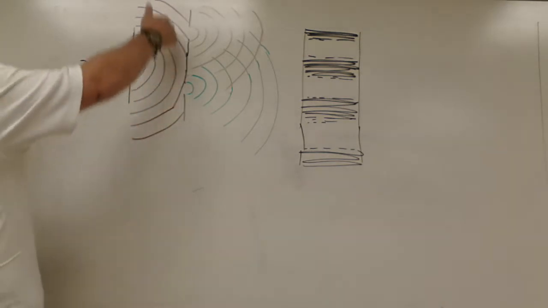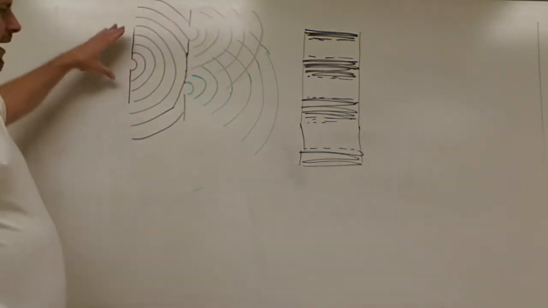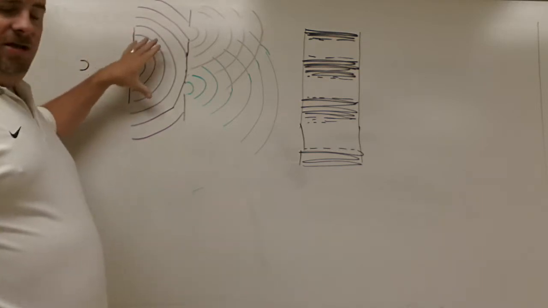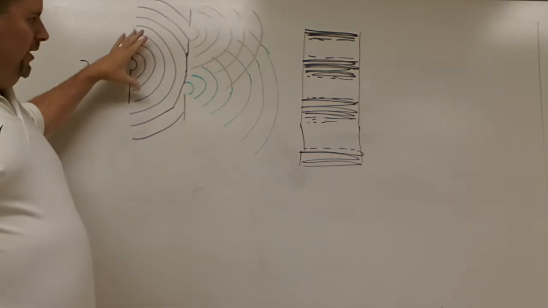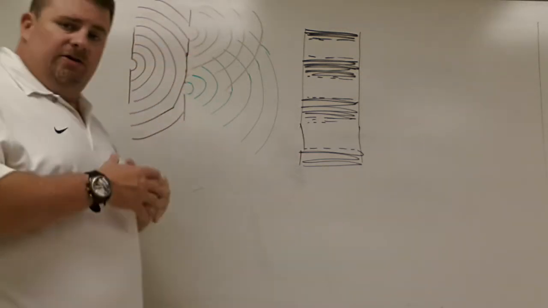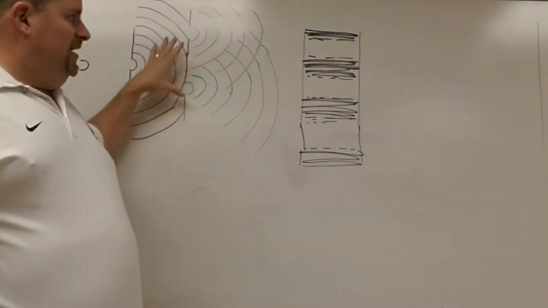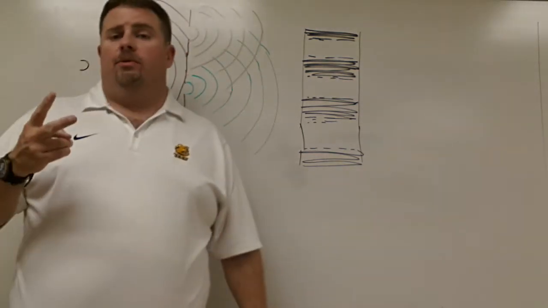But behind it, you have something that's got another slit and another slit over here. As the light comes through here, it bends a little bit, because it's going around an object. As it bends, the light that hits here is going to bend as well, and it starts propagating these waves.